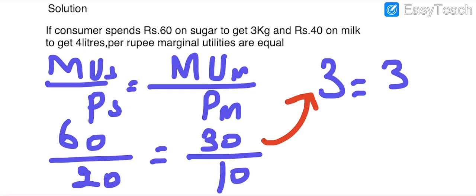And in this procedure, the marginal utility of both purchased products will be equalized. It will be equal, and that gives the equilibrium of the consumer.